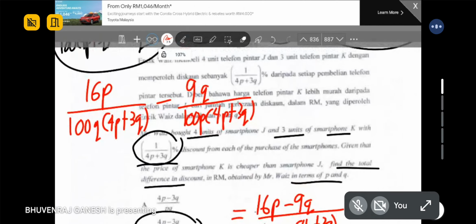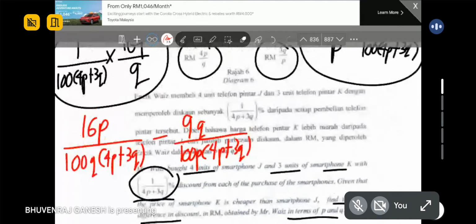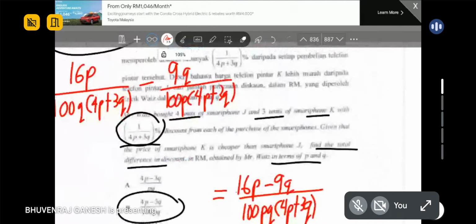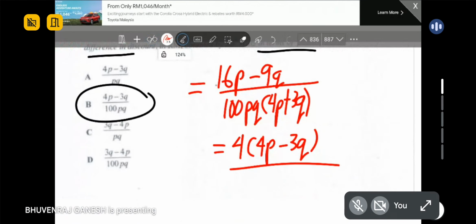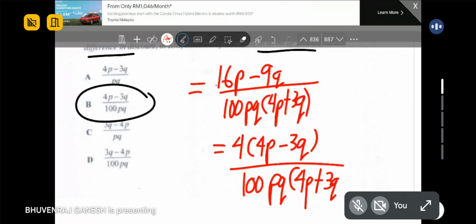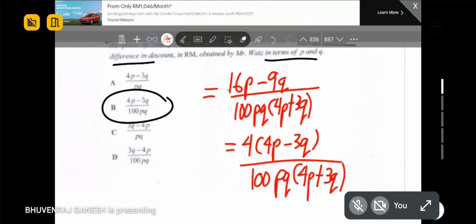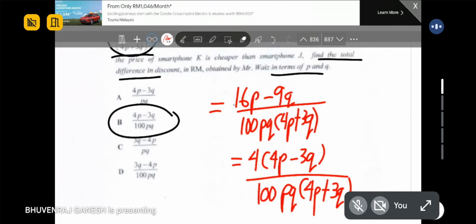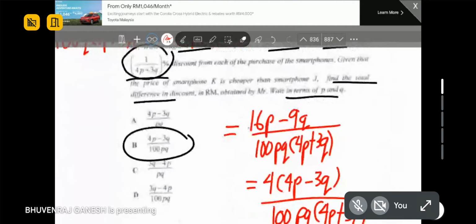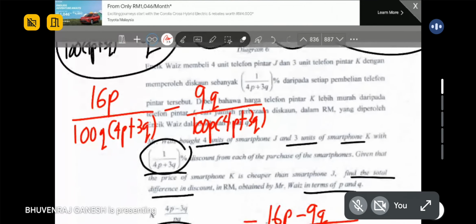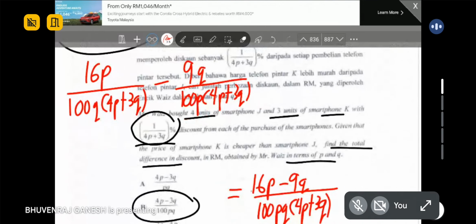4p plus 3q, 4p plus 3q. Okay, so divide 100pq times 4p plus 3q. 4p minus 3q. Did I make a mistake?